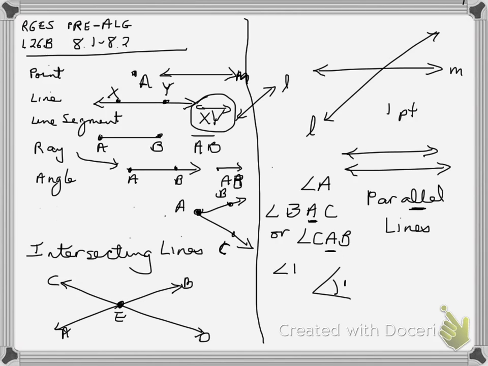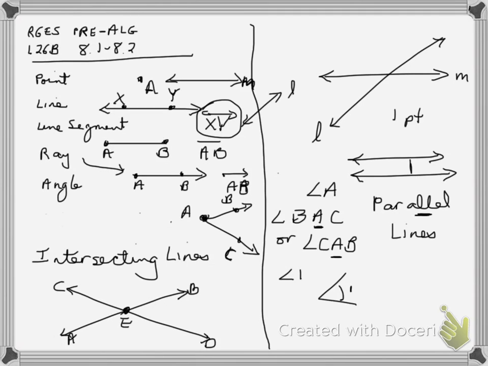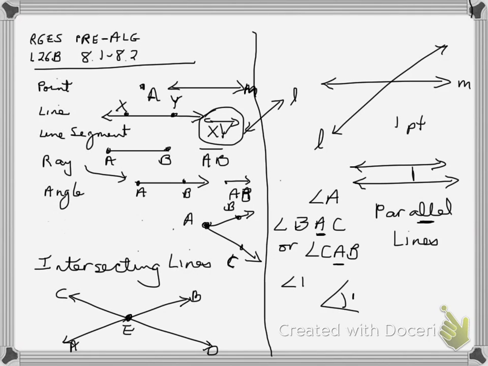They're lines in the same plane that never intersect. They have equal distance between them at all points. That means this little distance right here, whatever it is, let's say it's x, would be the same as this distance, is the same as this distance all the way across.